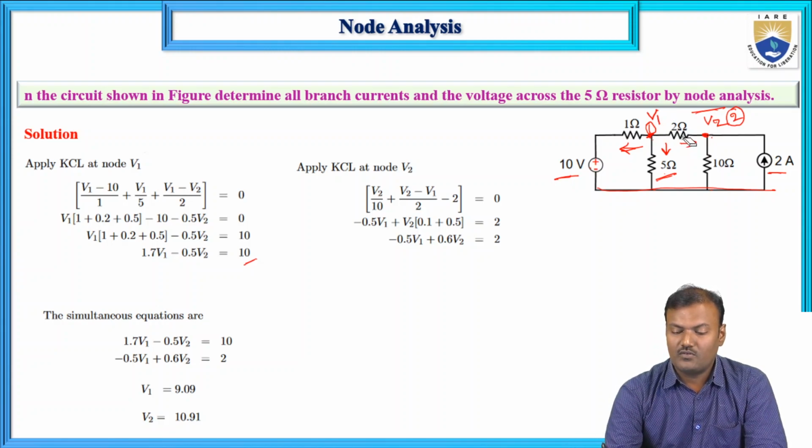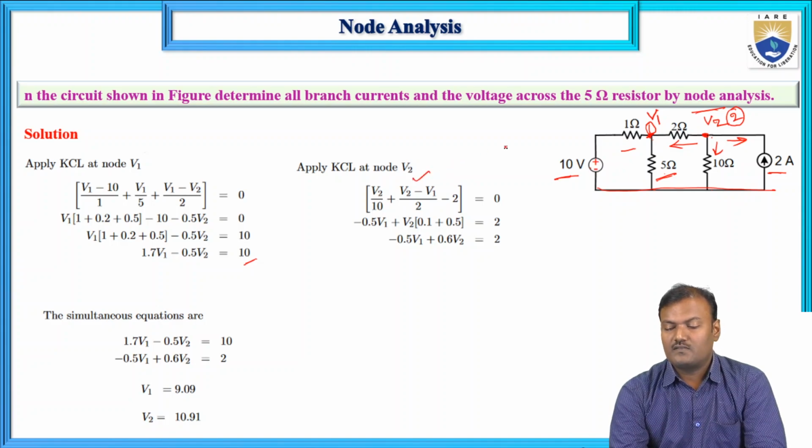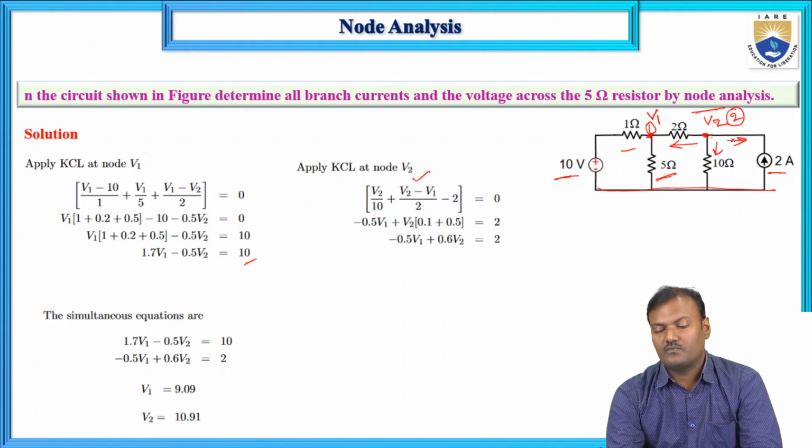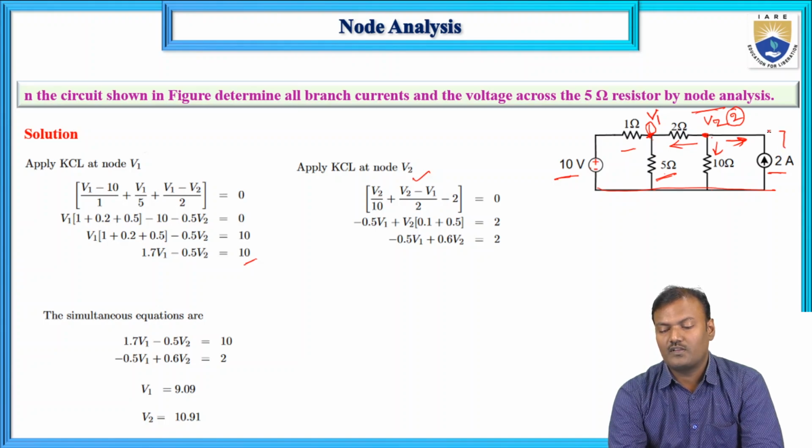After writing the nodal equation of the first node, to write the equation of the second node, the direction of currents is again assumed to be flowing outwards, away from this node. V2 minus V1 divided by 2, and the last one, the assumed direction is flowing away from this node, but the actual direction of current is flowing inwards.